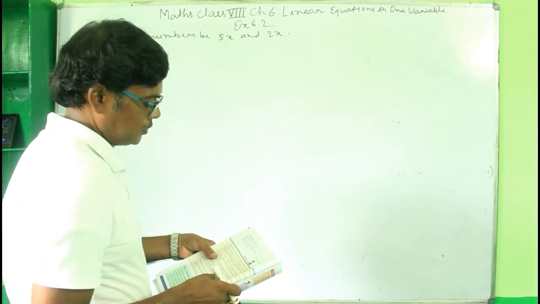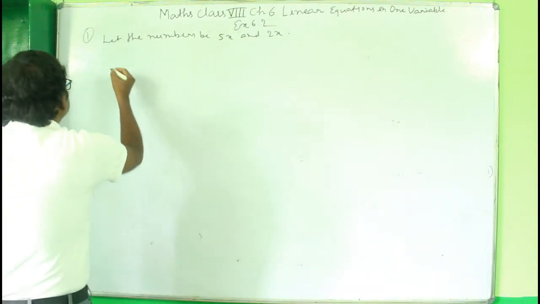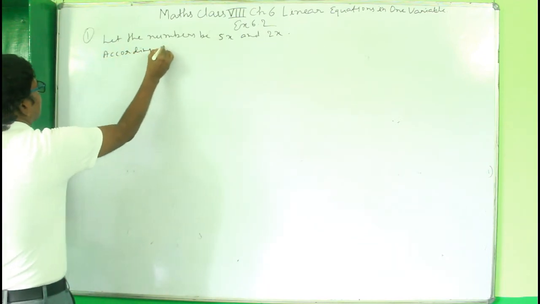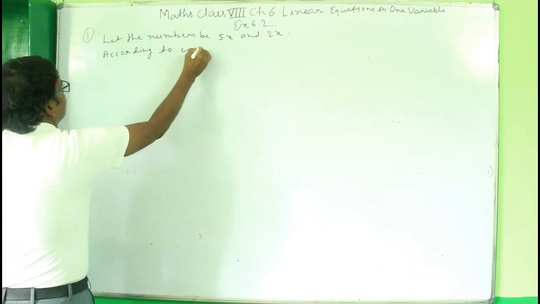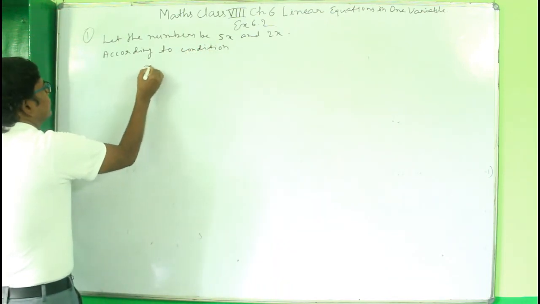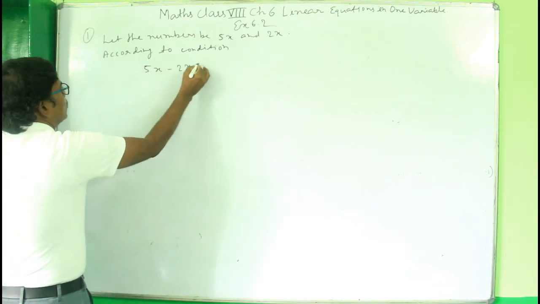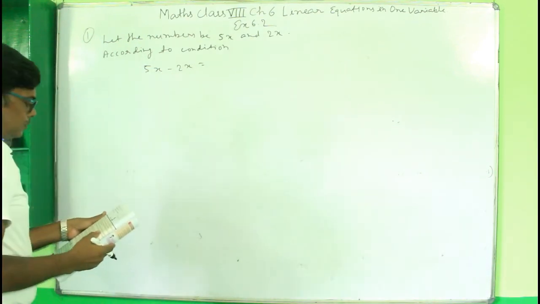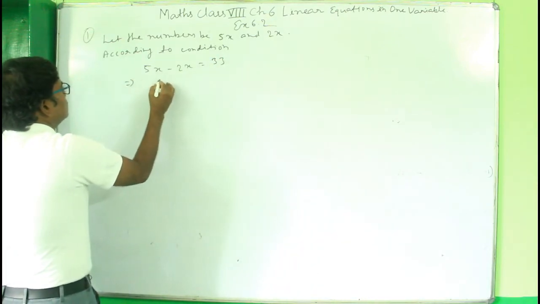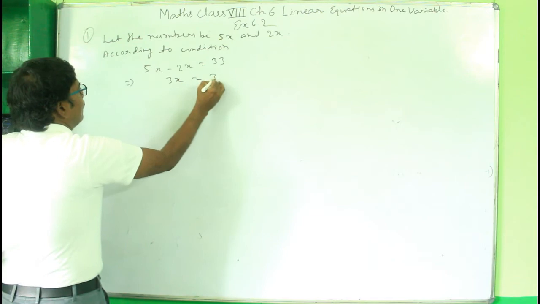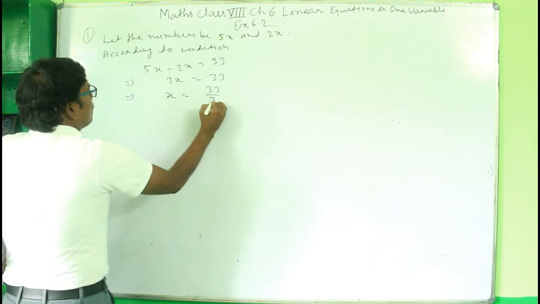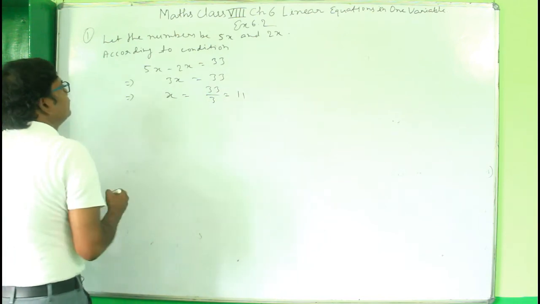Okay, according to the question, to the condition, we have here 5x minus 2x equal to 33. So this implies x equals 11.